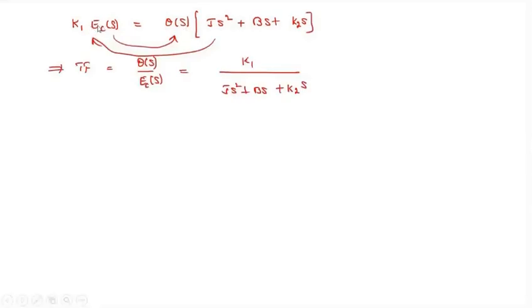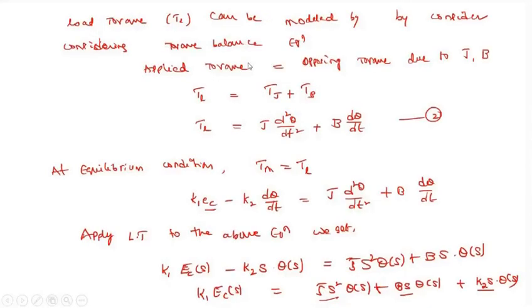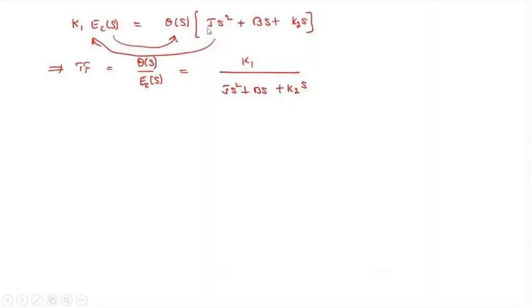So K1 into EC of S equals theta of S common, J S square, B S, K2 S. Therefore you get the expression J S square plus B S plus K2 S. Now the transfer function equals theta of S by EC of S. EC of S is taken to the right side and this to the left side. Finally theta of S by EC of S equals K1 by (J S square plus B S plus K2 S).